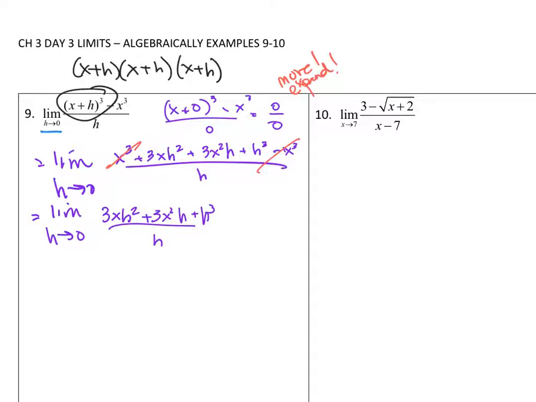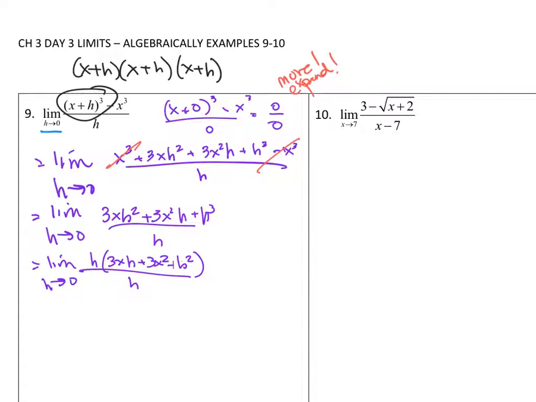So if you notice, they all have an h, so we could simplify it that way, but I actually like to show you this step. So if we have a GCF of an h, we would have 3xh plus 3x squared plus h squared all over h.